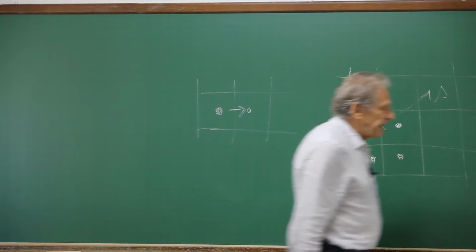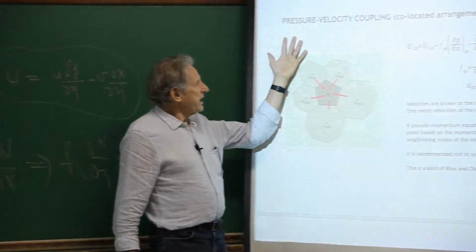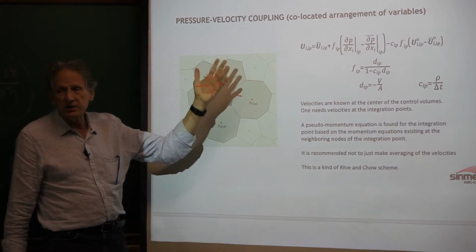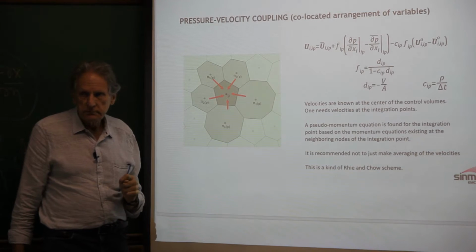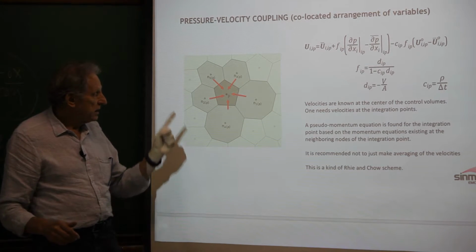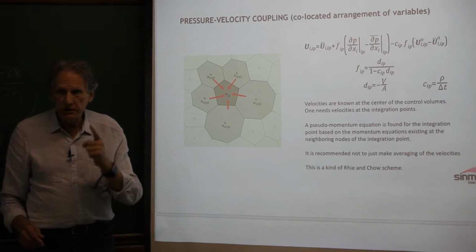Another point, the final point, is the pressure-velocity coupling, because we are in a collocated arrangement of variables. If you are using a collocated arrangement, all variables are at the same point.